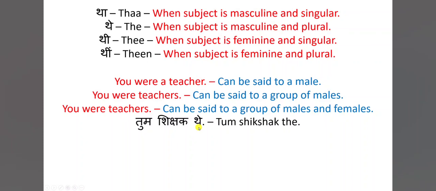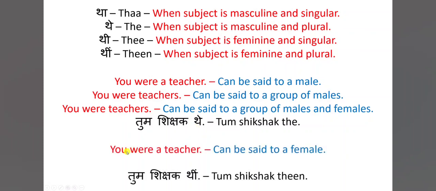Alright? Yes. Next, if you want to say this to a female, then you have to say तुम शिक्षक थी. तुम शिक्षक थी. तुम is you, शिक्षक is teacher, थी is were.